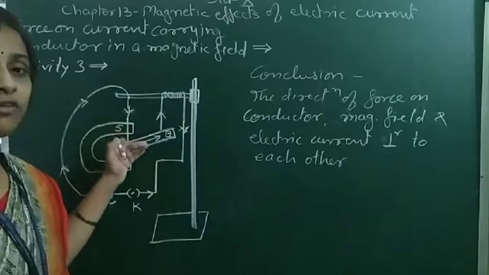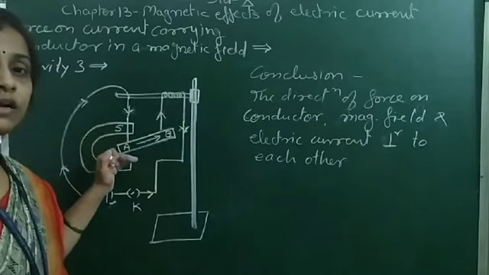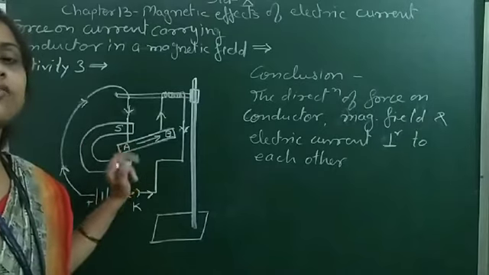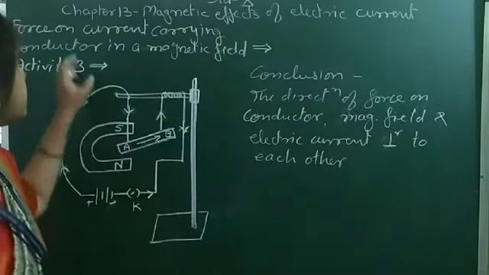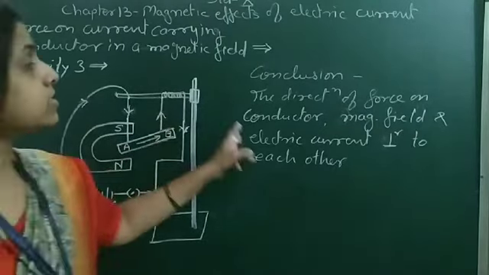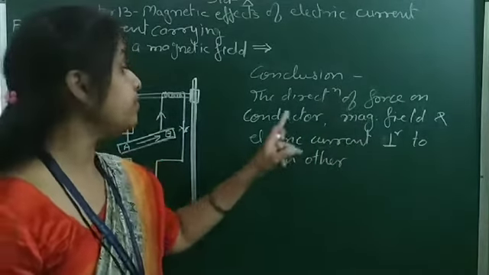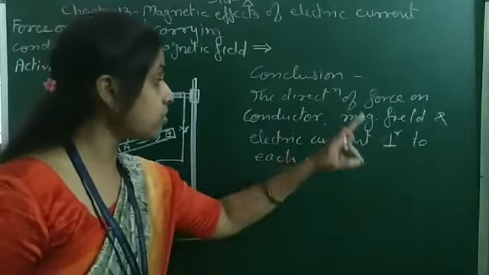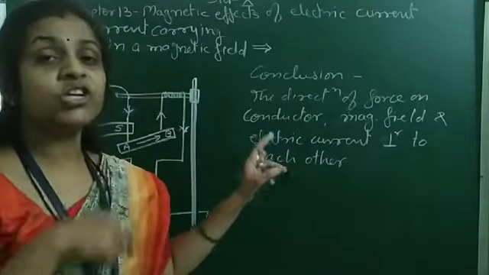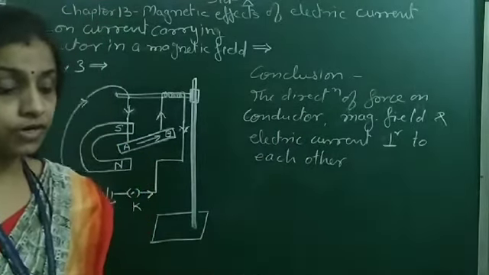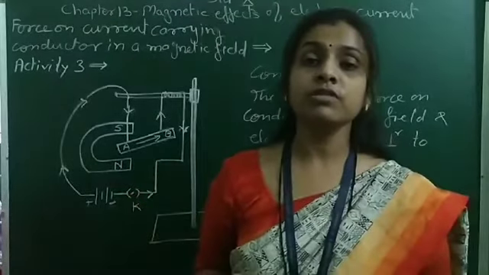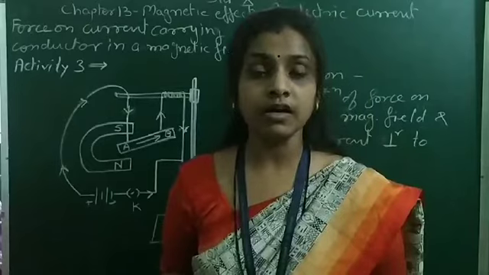So the direction of force exerted on a conductor totally depends upon the direction of the magnetic field and the direction of the electric current, and therefore this activity gives the direction of force, magnetic field and electric current, all three perpendicular to each other.